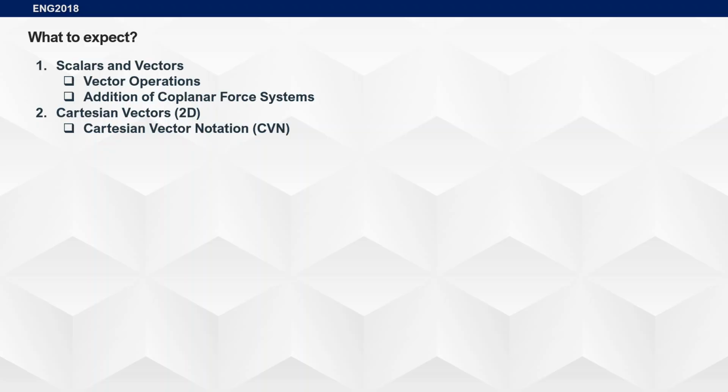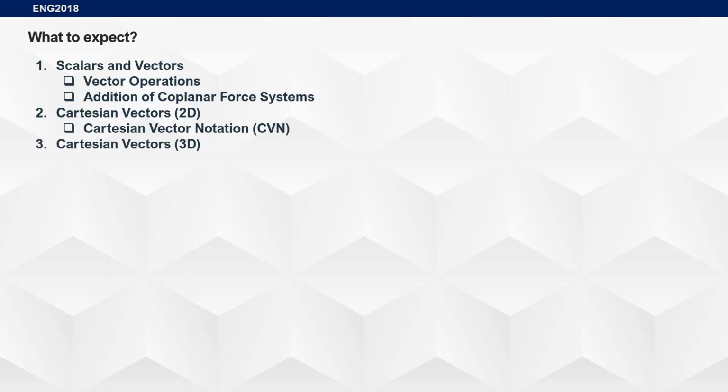And then we are going to dig a little deeper into Cartesian vectors. If you're familiar with your rectangular coordinate system, this time we're going to use a different notation using unit vectors. We're going to assign letters for the direction of your force vector.